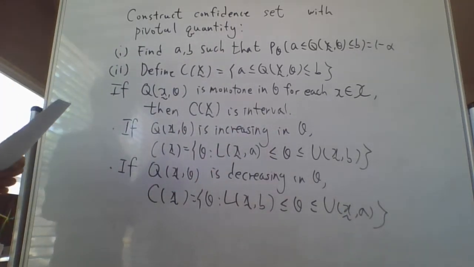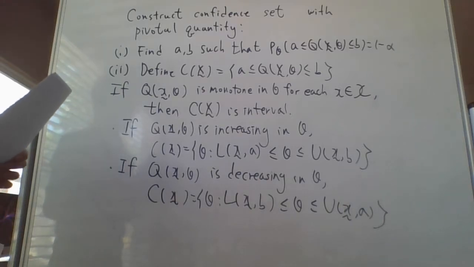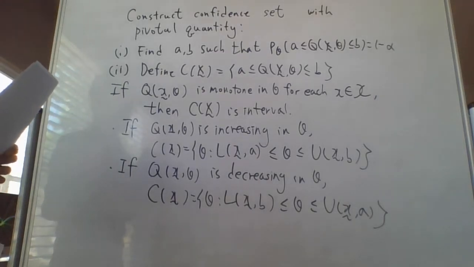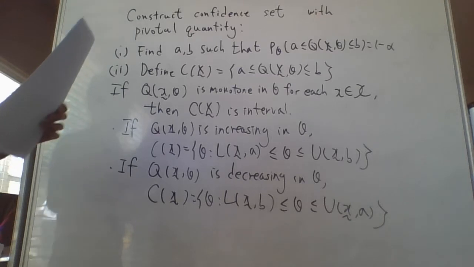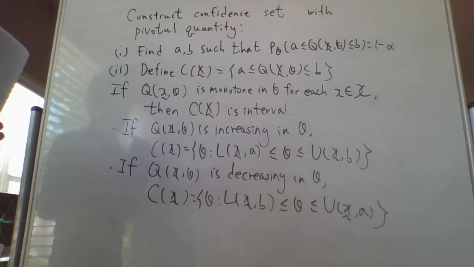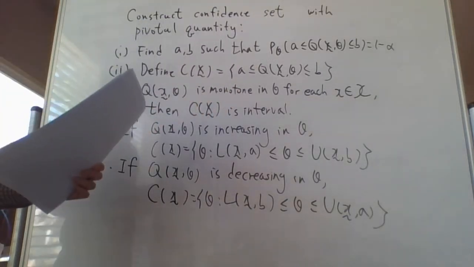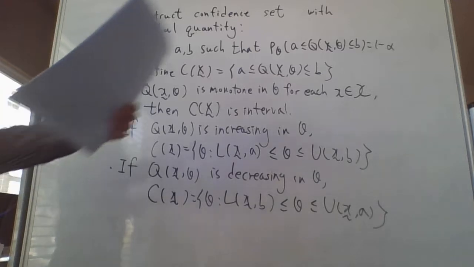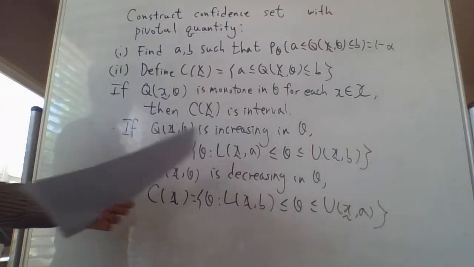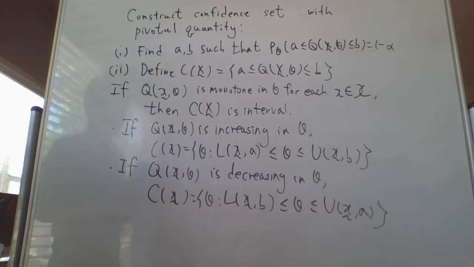If Q is decreasing in theta, then due to this monotonicity, the interval is reversed. So B is the component in the lower bound, and A is the component in the upper bound.